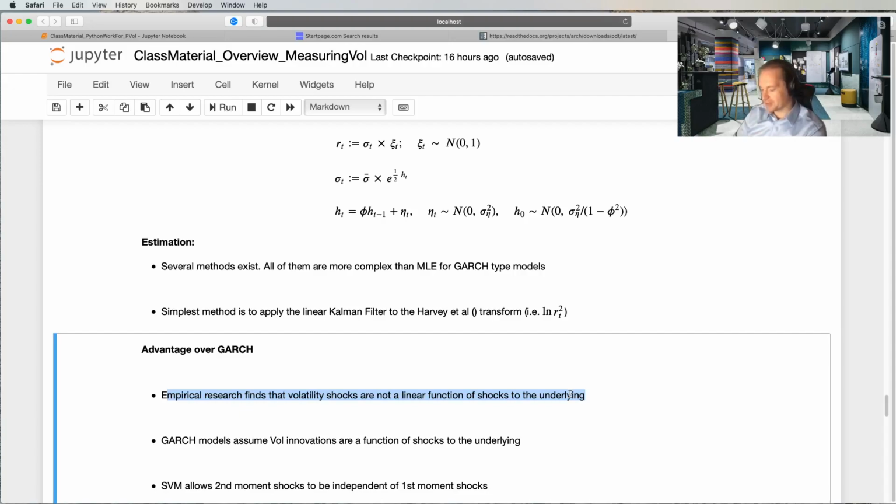Because if volatility shocks would be driven by return shocks, I would be able to hedge the option by the underlying.